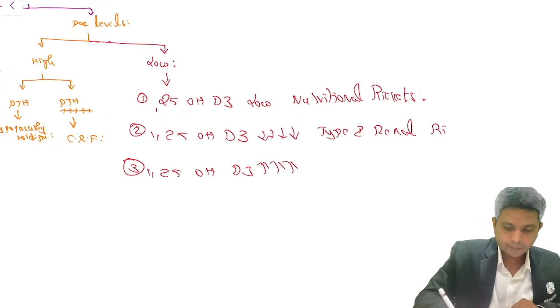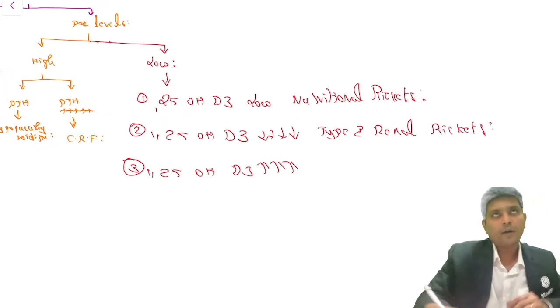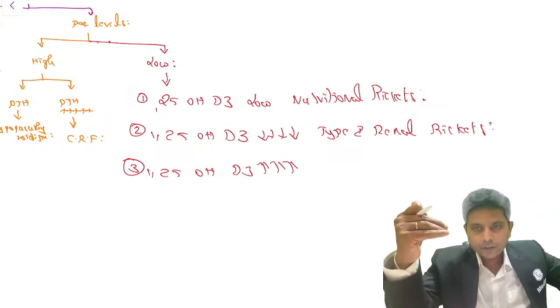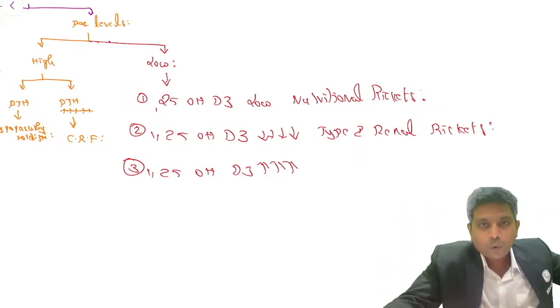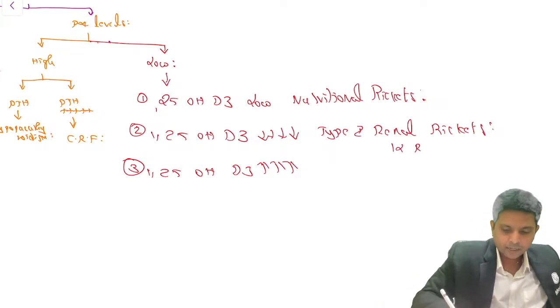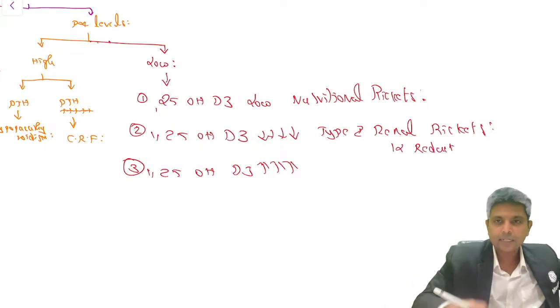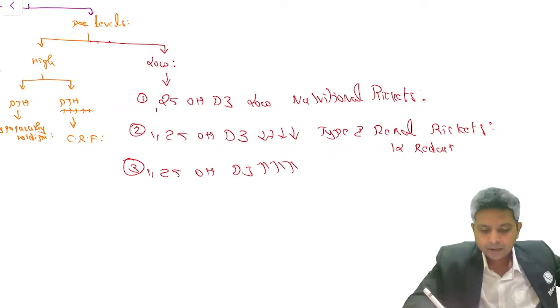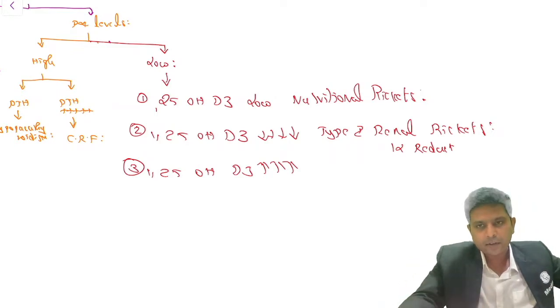What do you mean by type 1 renal rickets? Your 25 hydroxy D3 is converted into 1,25 dihydroxy D3 with the help of 1 alpha hydroxylase. When 1 alpha hydroxylase is absent, then your 1,25 dihydroxy D3 will be low.